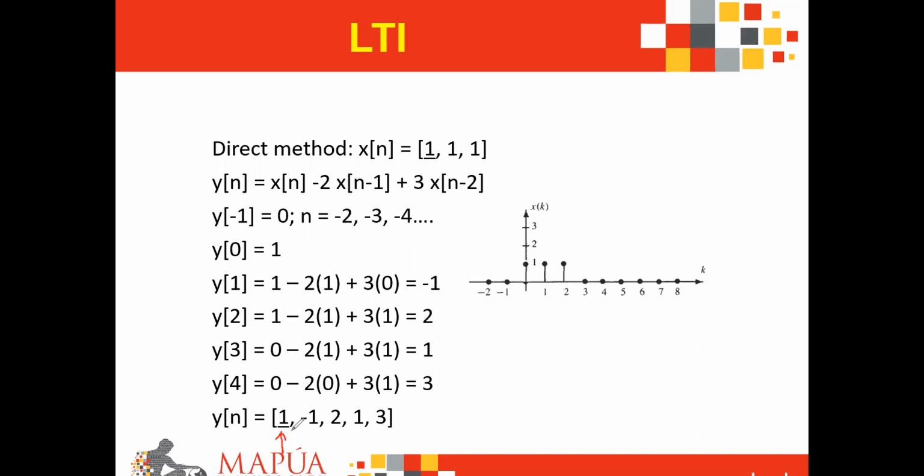This would be the value at n equal to 0. This would be the value of n equal to 1. This would be the value at n equal to 2. This would be the value of the response at n equal to 3, and so on and so forth. So that now is what you call convolution process. So this would be your resulting graphical output for these responses.